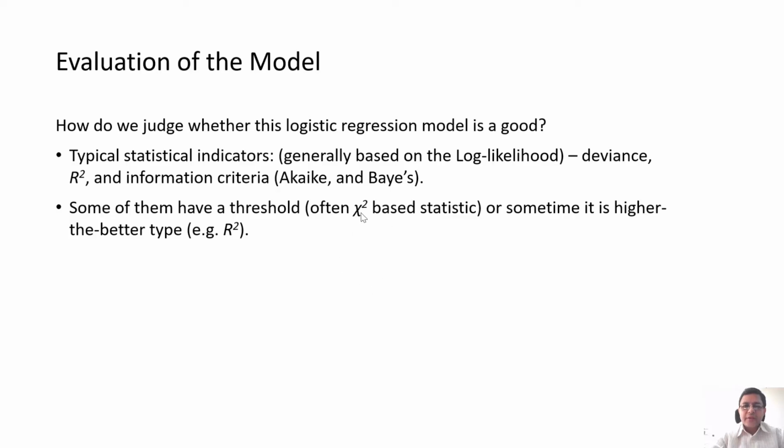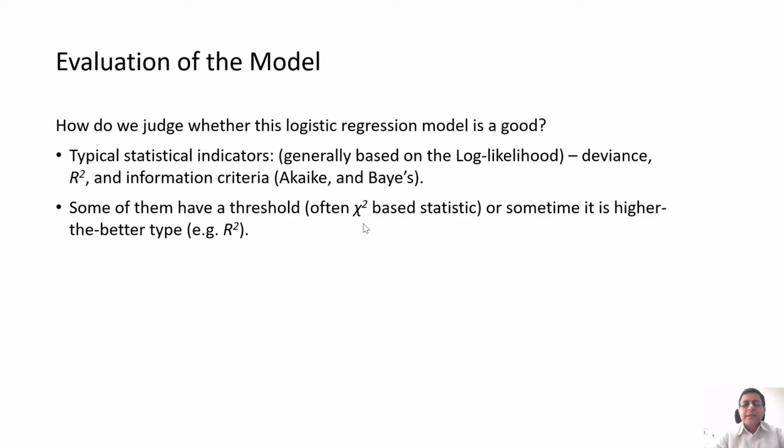You calculate the chi-squared test statistic and compare it with the tabular value. If the calculated value is more than the tabulated value, then you reject the null hypothesis and conclude that the logistic regression is significant, right? So that kind of thing.